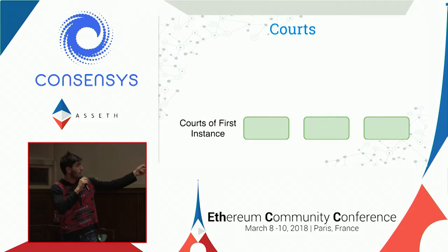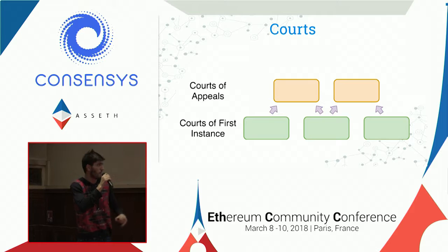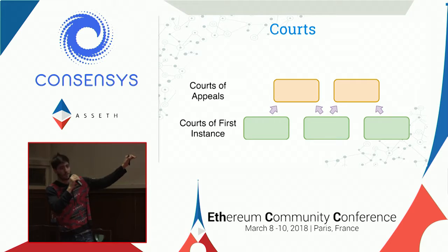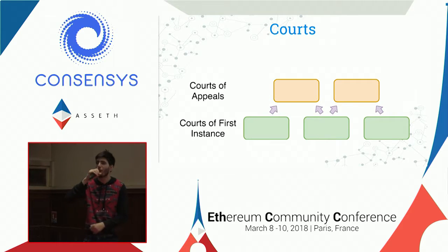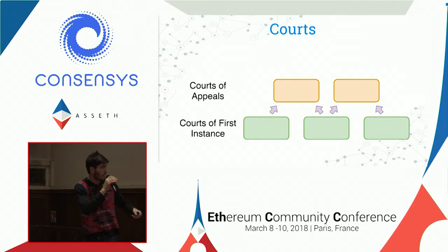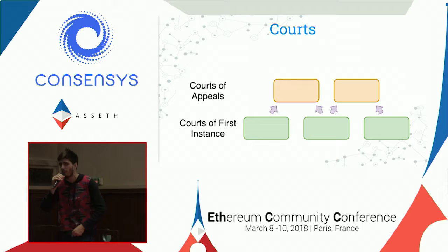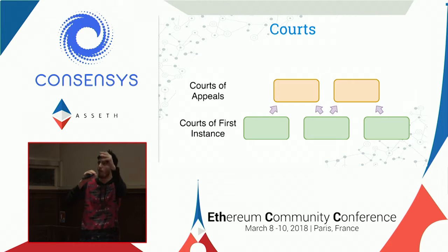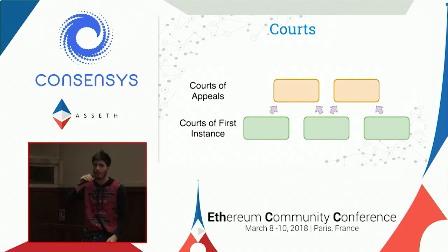And then we'll have the Court of Appeals, where the courts of first instance are secured by the Court of Appeals. So if anything goes wrong on these, it makes the most sense for a user to say, hey, no, submit a fraud proof. This is what actually happened to the Court of Appeals, because going one level above will be significantly cheaper than just jumping to Ethereum.